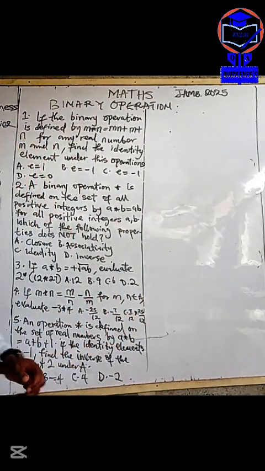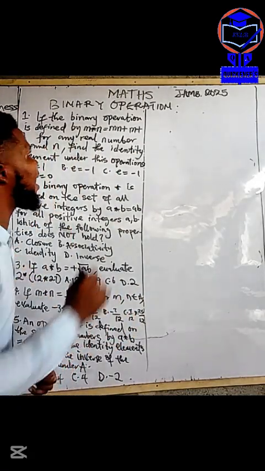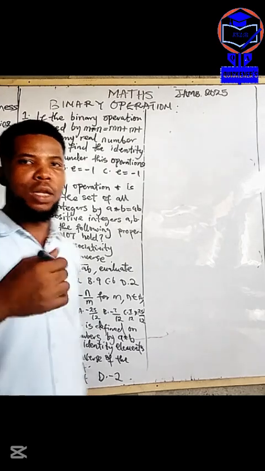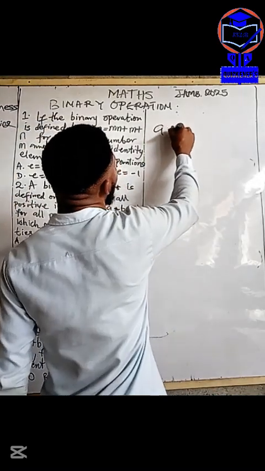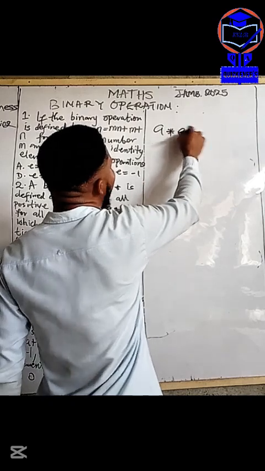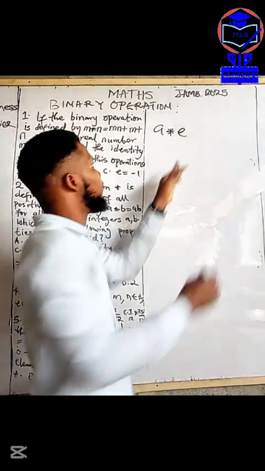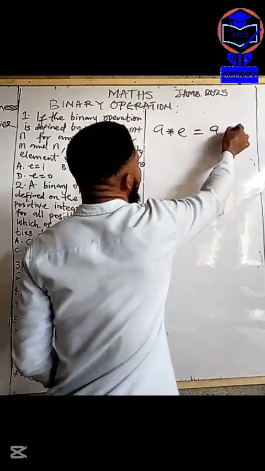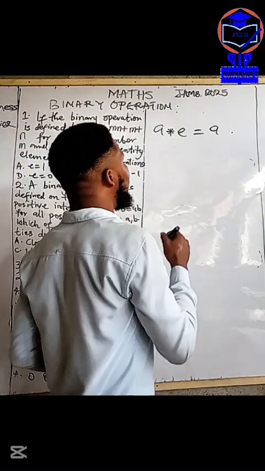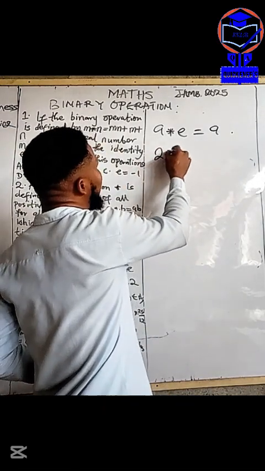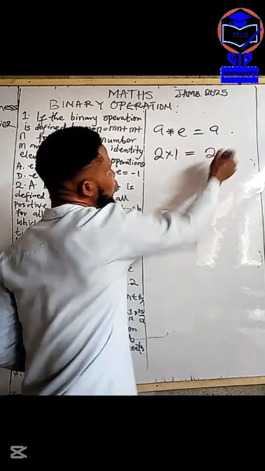When you say identity element, it means that element that will not change the result once operated on. So, if A operated by identity element E, my answer will still be A. It's not going to change the output. And when you multiply 2 times 1, the answer is 2.